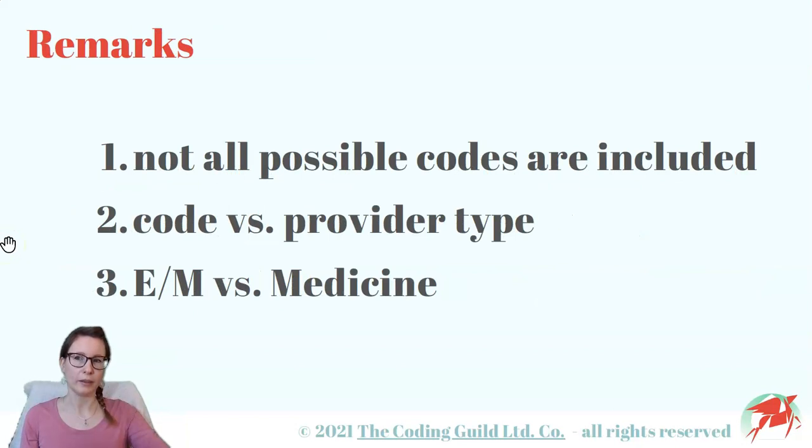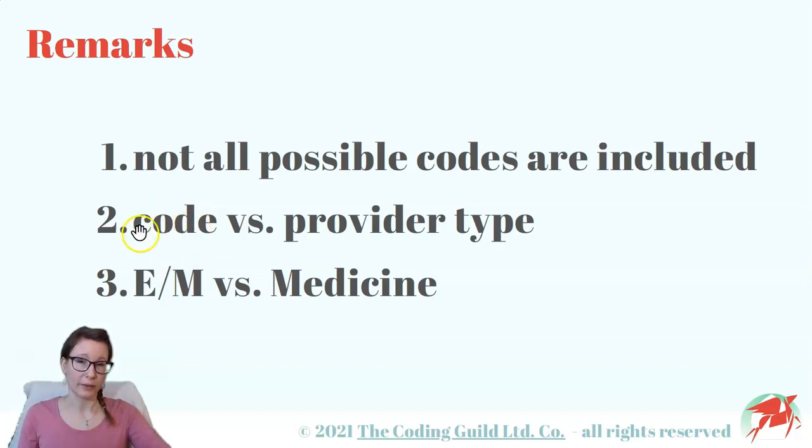With that said, it is important to emphasize three things about this new table. 1. Not all available digital medicine service codes are included in the table. The aim of the appendix is to help us mentally organize the kind of services provided and not really to give us an exhaustive list of all possible codes. 2.